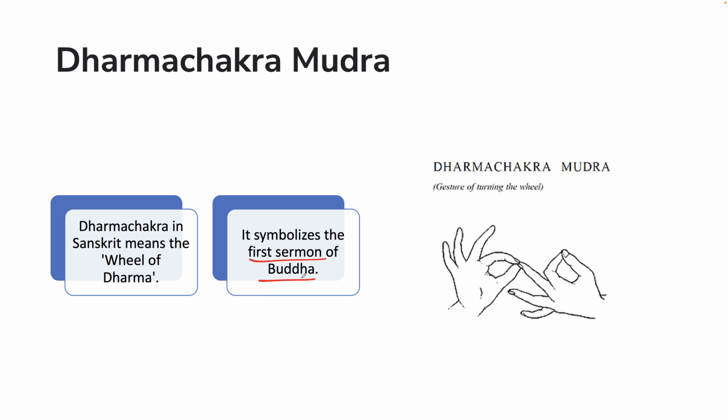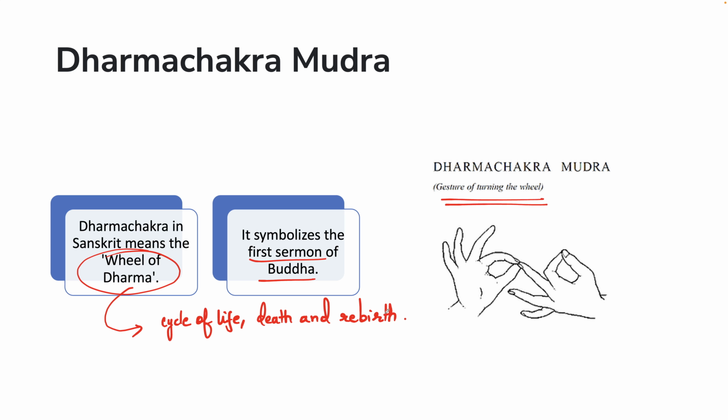If you look at the image, this is a symbolic gesture in Buddhism which represents the cycle of life, death and rebirth. It is also known as the gesture of teaching or turning the wheel of the law.